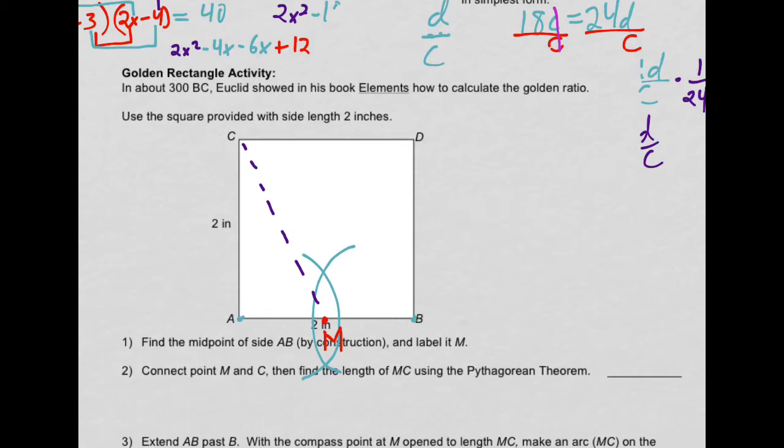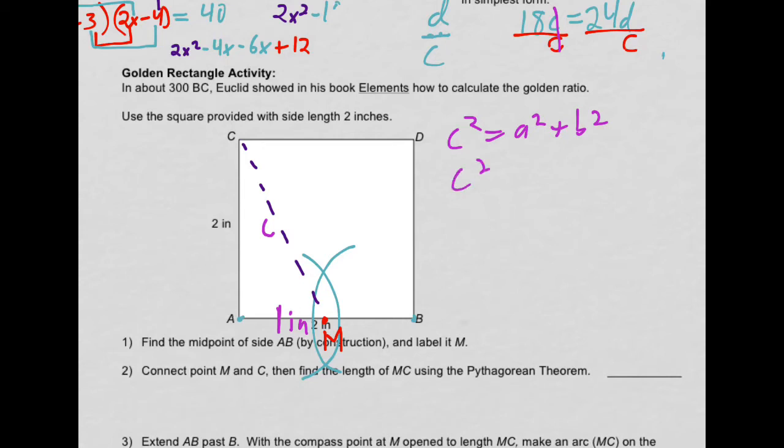And to find it using the Pythagorean theorem, we know that if M is our midpoint, then AM is going to equal 1 inch, right? And so our hypotenuse is going to be C, so C squared equals A squared plus B squared. There we go. And then C squared equals, let's call our A squared 2 squared. 2 squared is 4, plus B squared is 1 squared, so that's just 1.